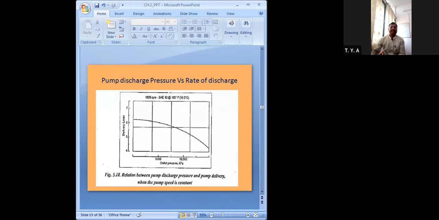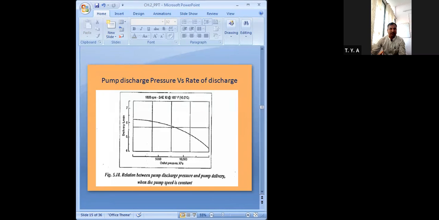Now from this graph, it is clear that when the pressure to be delivered is less, that is, when the outlet pressure is less, the rate of discharge is more.